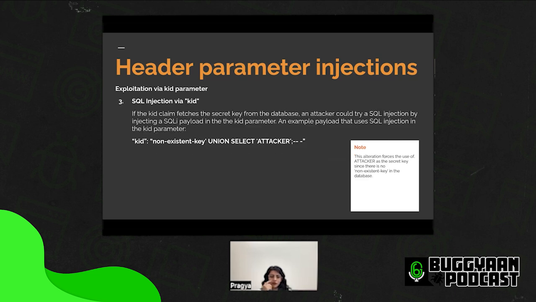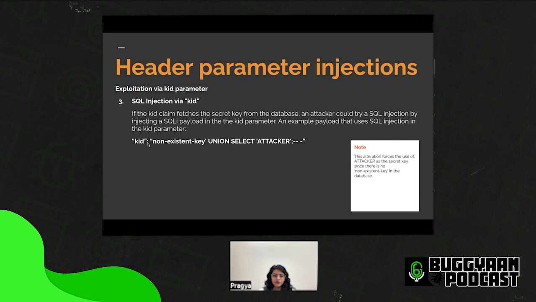Let's see the third kind of attack that is possible with the KID parameter, that is SQL injection. Sometimes it is possible that the KID parameter is fetching the key values directly from the database. Whenever we see that a value is being fetched from a database, we always look for SQL injection. So that's how SQL injection can also be possible.